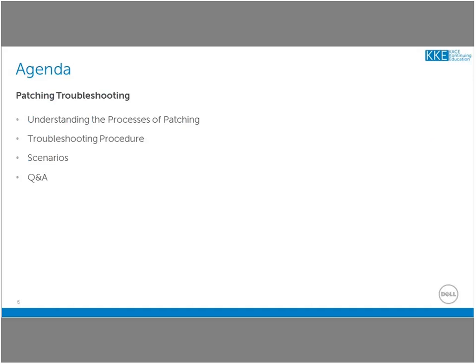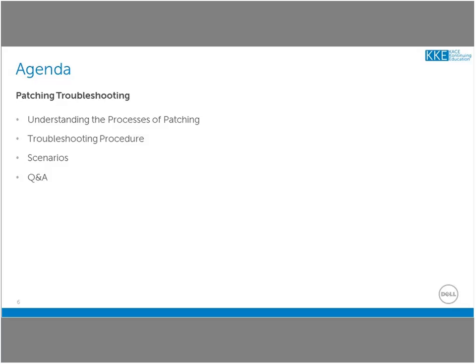All righty, folks. Now, on to the actual agenda for today: patching troubleshooting. We're going to start, first of all, with understanding the processes that actually implement the patching. What specific programs, processes, services, and daemons run on the K1 and on your devices that detect patches and deploy patches?